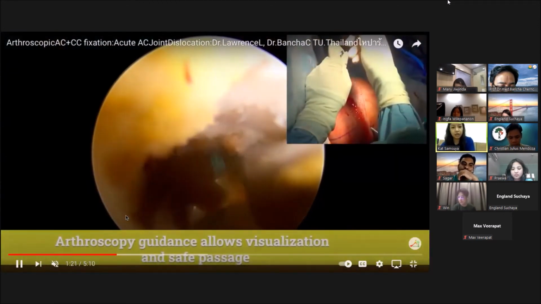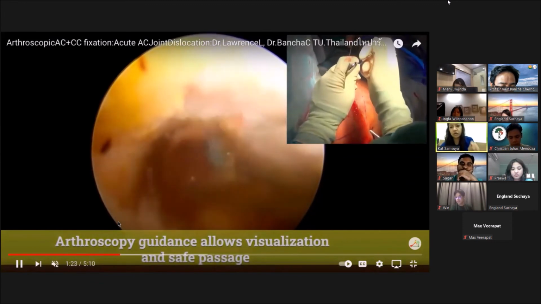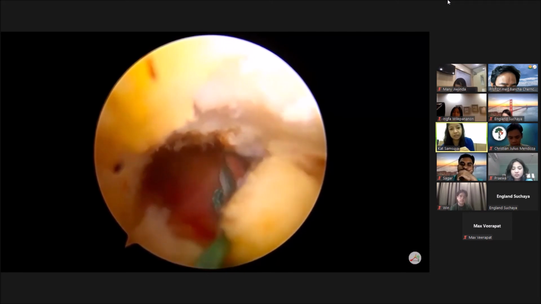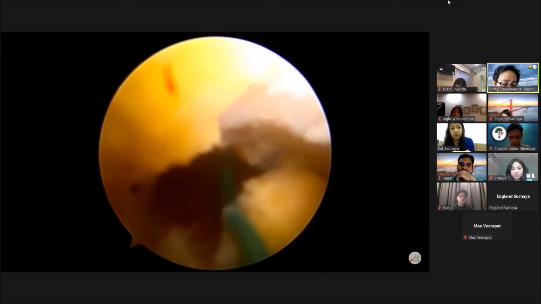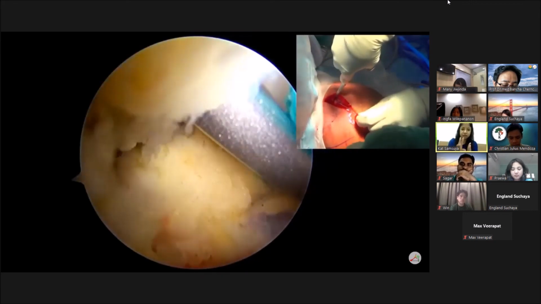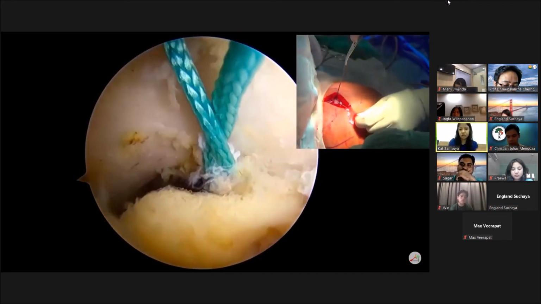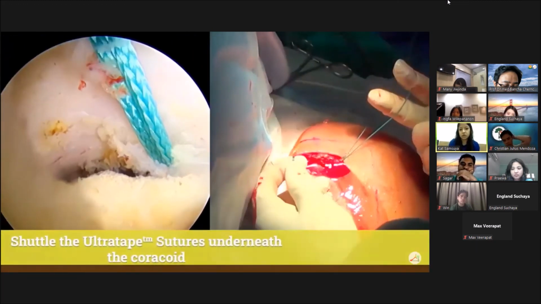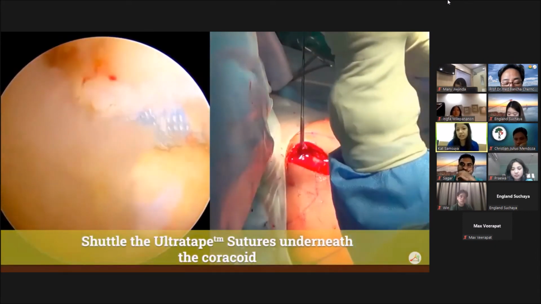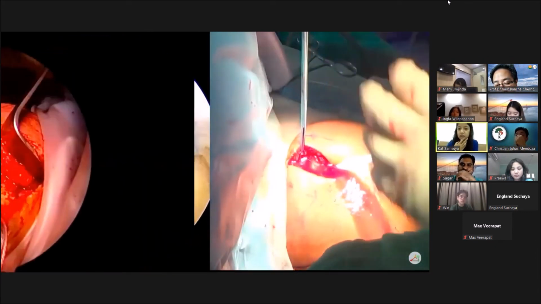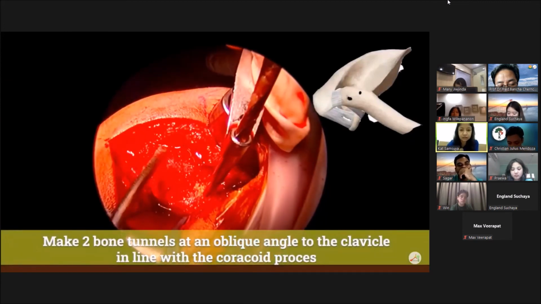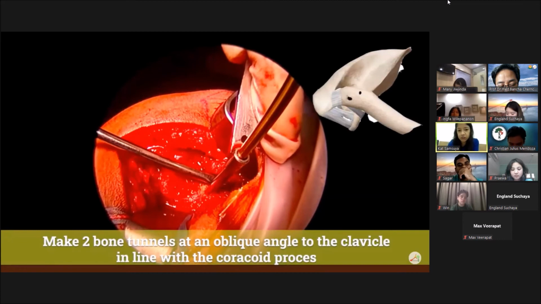But basically, since we already cleared the coracoid process from underneath using the scope, we clear it from above. So once we identify it grossly, we pass a suture like that, and then we shuttle the sutures to fix if it's a fixation. If it's reconstruction, we shuttle the graft.